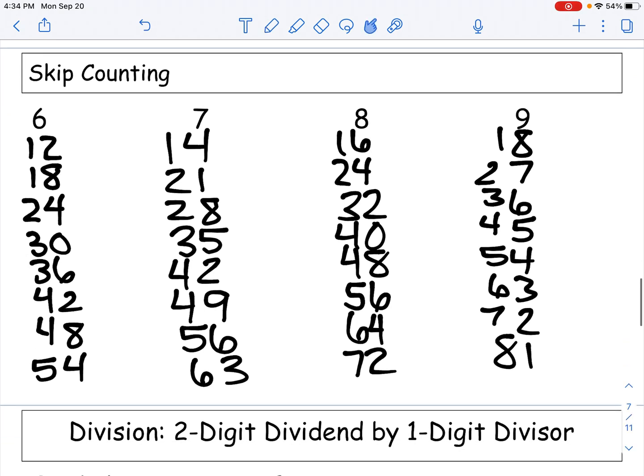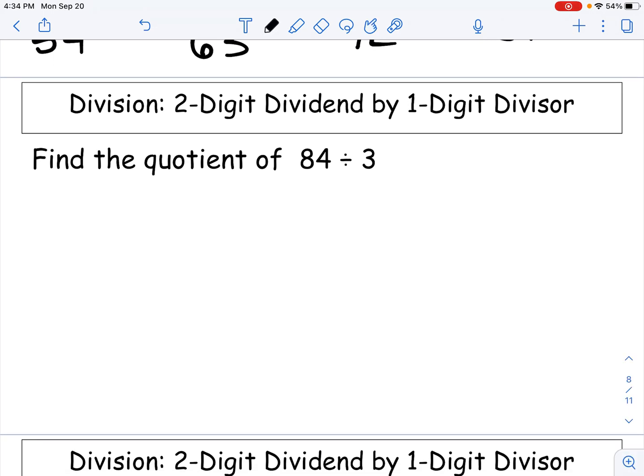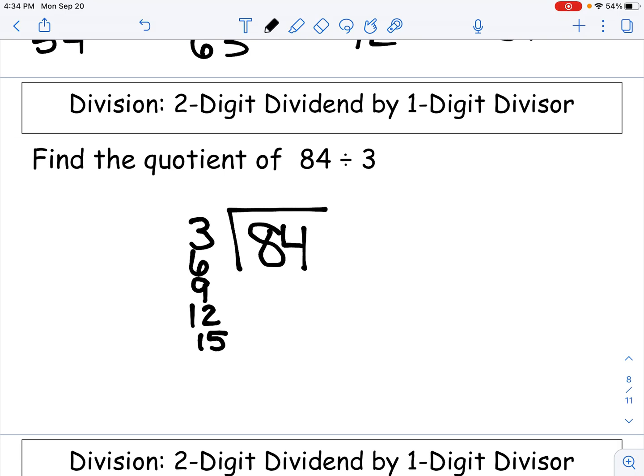Now let's use it. Okay, we've got 84 divided by, we put it in the house, 3. So I need my skip counting for my 3s. 3, 6, 9, 12, 15, 18, 21, 24, 27.